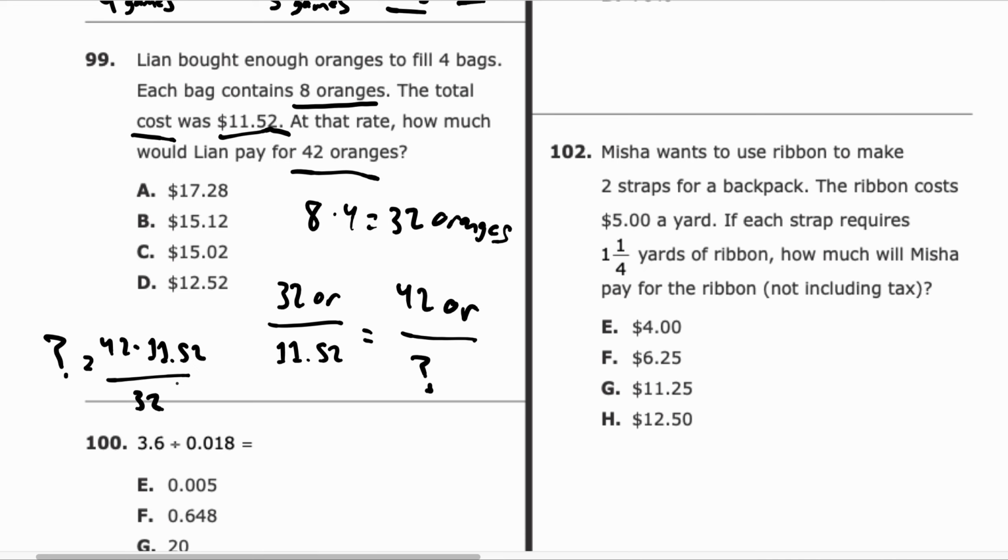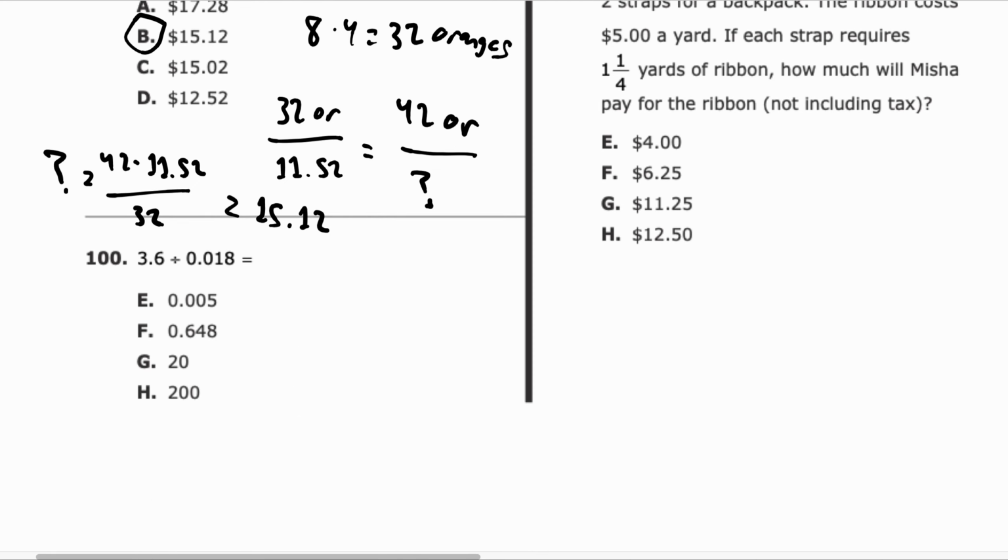I'm going to plug it into a calculator, but it's just arithmetic, right? So 11.52. Okay, so it's 15.12. But yeah, you can just do the multiplication or whatever.